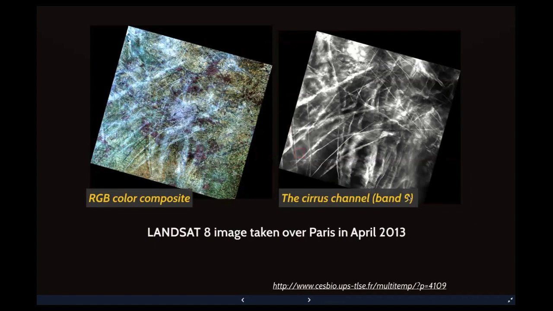Band 9 from Landsat 8, the cirrus band channel, would be able to detect those high altitude and thin layers of cirrus cloud. There are some simple algorithms that you can use to subtract this layer from the original data so that you can produce a cloud-free image.